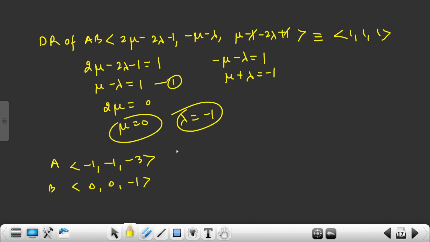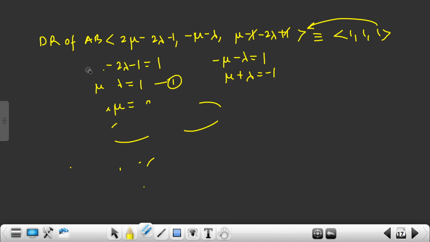Now if we subtract them, 2 mu minus 2 lambda minus 1, mu minus 1 and mu minus 2 lambda. There it is correct. Now if we compare, we got that all these values should be equal to 1, 1, 1. So okay, this value is not satisfying here. So we have to do another method. Here is the mistake I found.